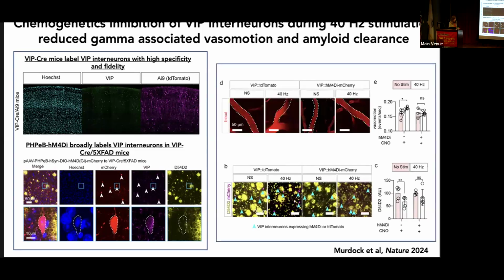Then we can use the designer drug to silence these VIP neurons, and we were able to show that the increased vasomotion by 40 hertz is now completely blocked when VIP neuronal activity is silenced. And similarly, GENUS-induced amyloid reduction was also attenuated when we silenced the VIP neurons.